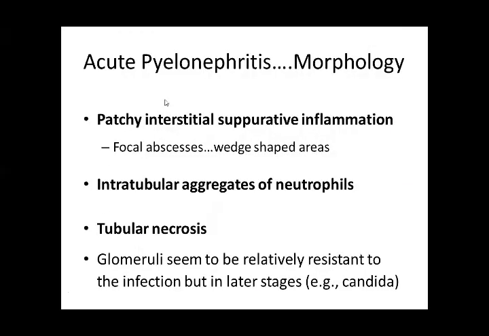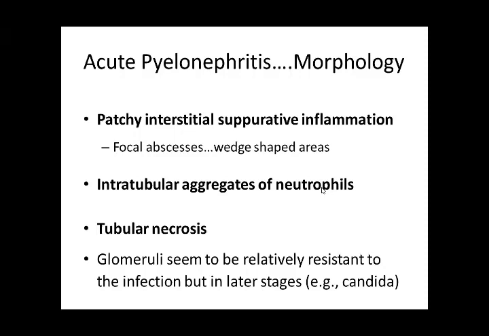In acute pyelonephritis, patchy interstitial suppurative inflammation is there. Focal abscesses are there that can be wedge-shaped. Intratubular aggregates of neutrophils are present because it is an acute infection, right? In acute infection, you get aggregates of neutrophils.